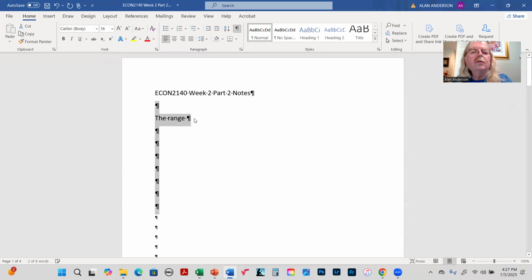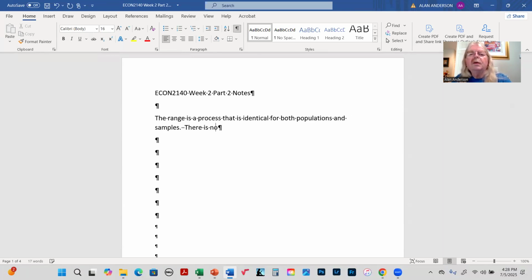The range is a process that is identical for both populations and samples. There is no letter or character of any kind used to represent the range. We just normally write the word range, and that's the end of it. So there's no symbol that represents the range.